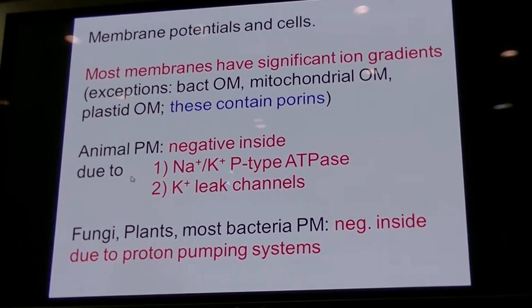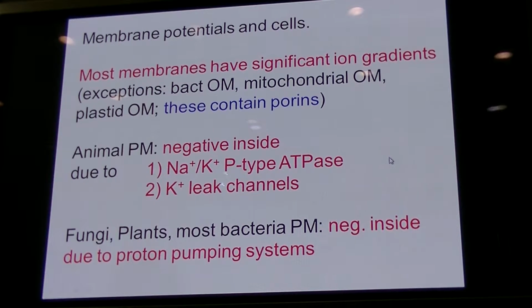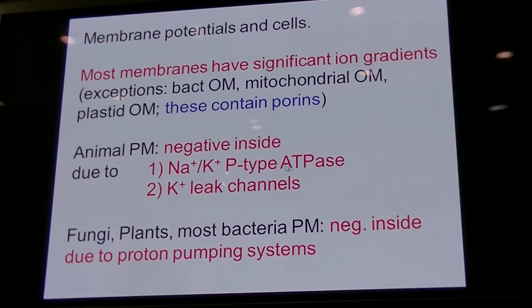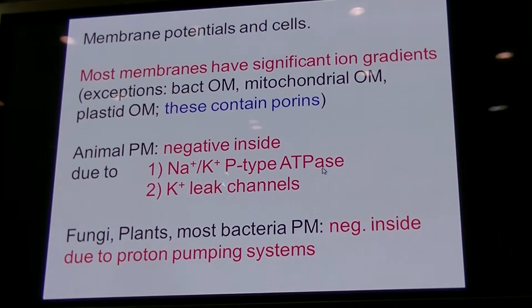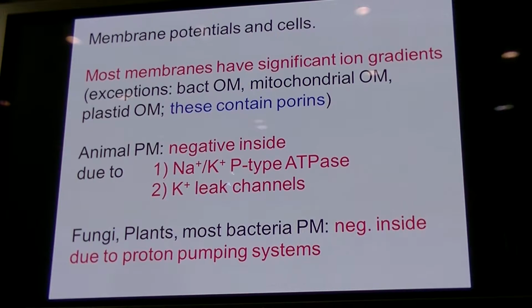In mammalian cells and animal cells, you have sodium as the driving ion. The driving pump is the sodium-potassium pump. Sodium-potassium P-type ATPase. It's that same pump. The membrane potential is set by potassium leak channels. That's a channel that allows potassium to get back out.